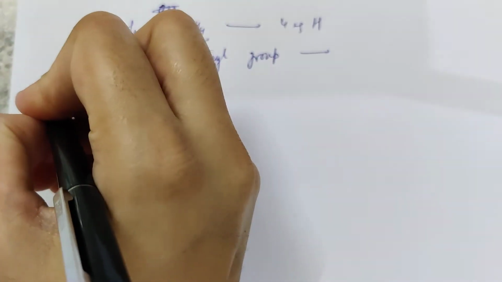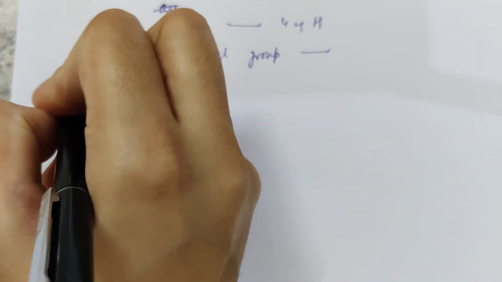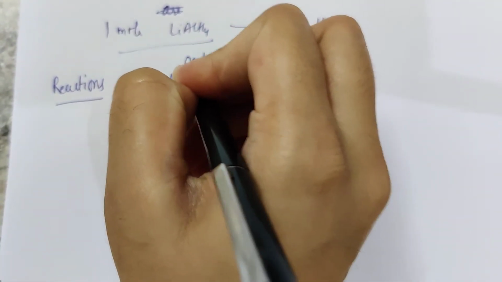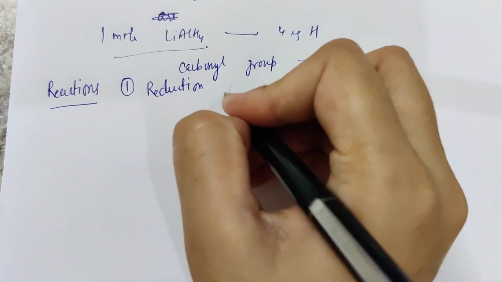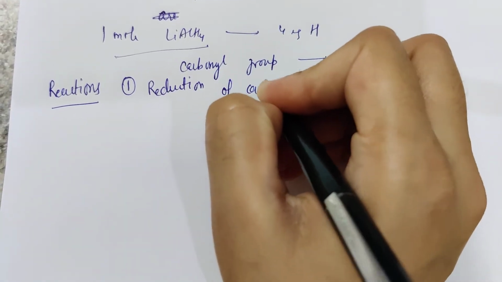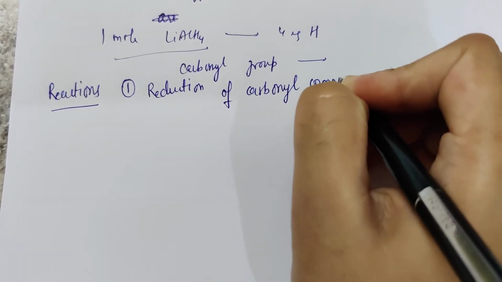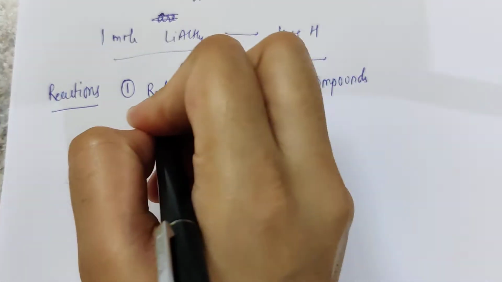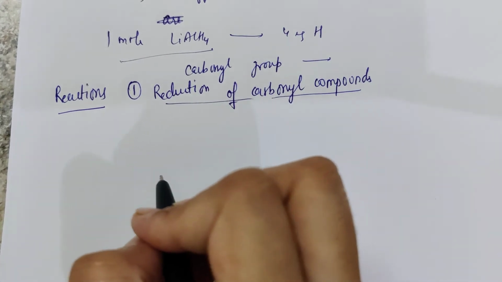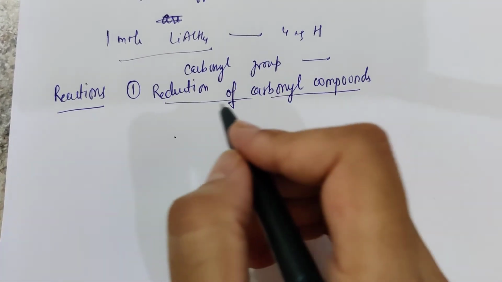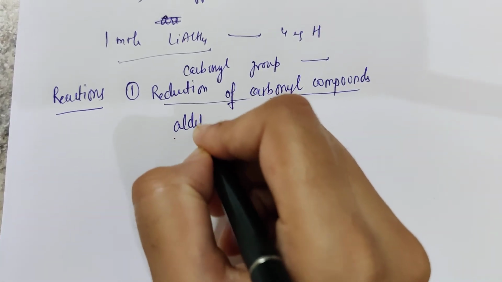If we discuss the reactions, the very first is reduction of carbonyl compound. Carbonyl compounds means aldehyde or ketone. Reduction of aldehyde or ketone. Aldehyde and ketones are converted to alcohols.